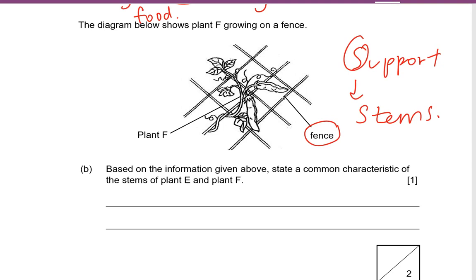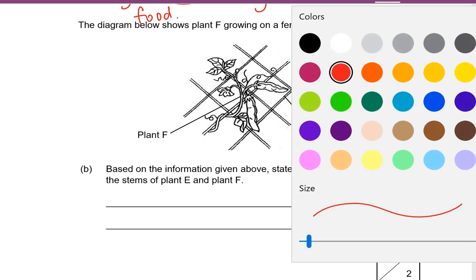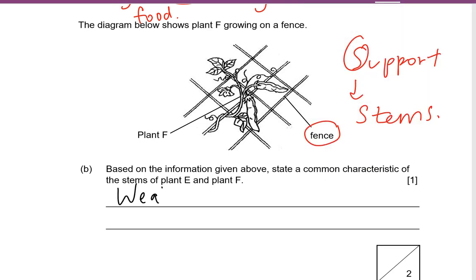It means that the stems are actually quite weak. So this is what we call a weak stem. Okay, so I'm just going to write the answer, weak stems. Alright, so this is easy for 36.